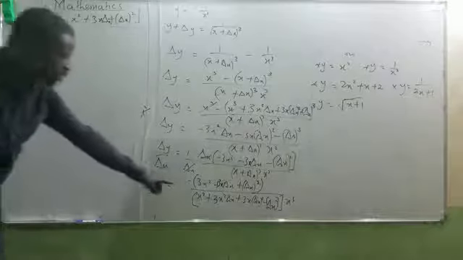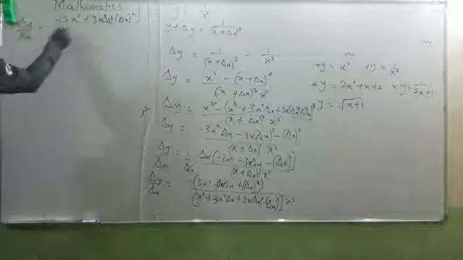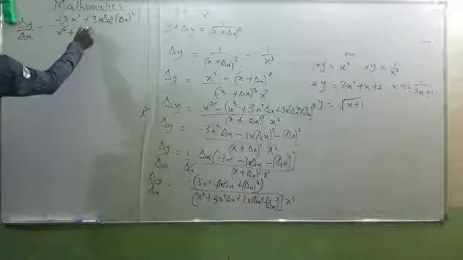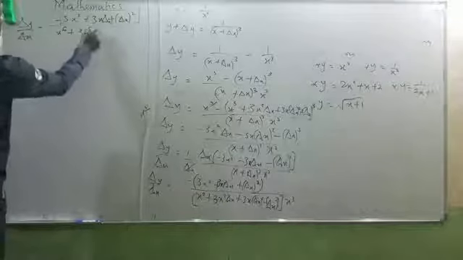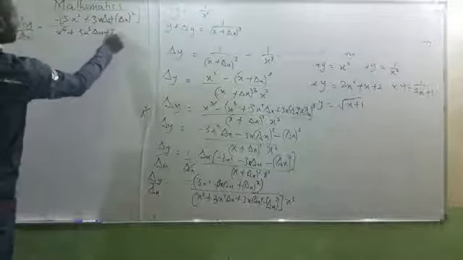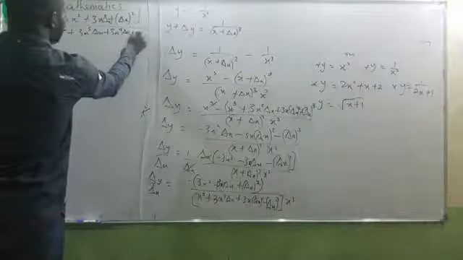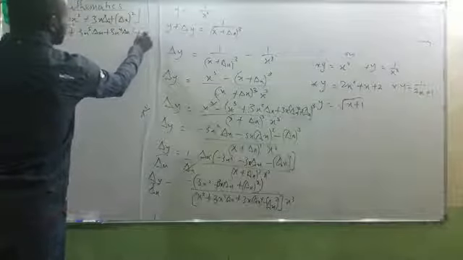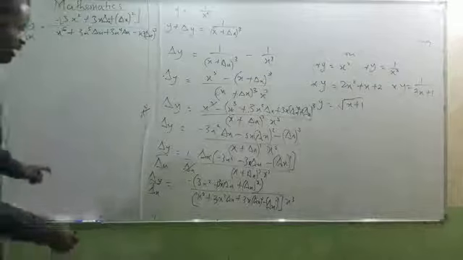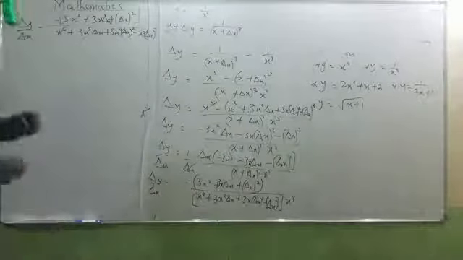Now, this will be equal to x raised to power 6 plus 3x raised to power 5 delta x plus 3x raised to power 4 delta x and minus x raised to power 3 delta x all cubed. Now, this will be squared here. Take note of this. And that is all about that.